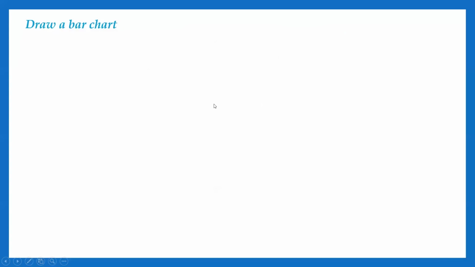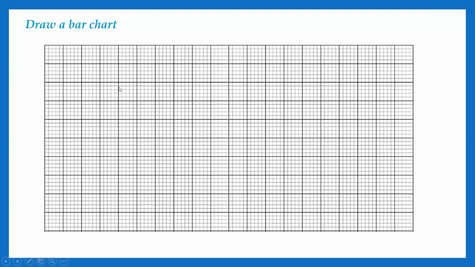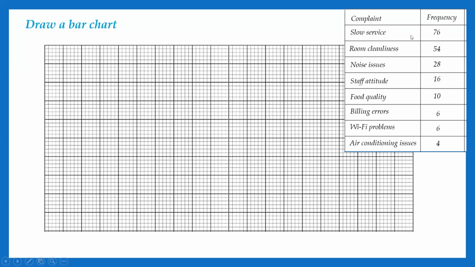Then we have to draw a bar chart by mentioning the complaints and frequencies. In this, I use graph sheet. We consider the data, complaints and frequencies. Firstly, create the x-axis and y-axis.